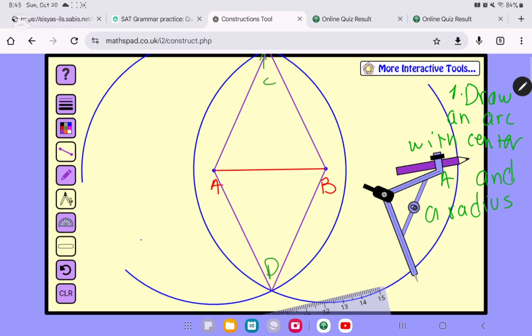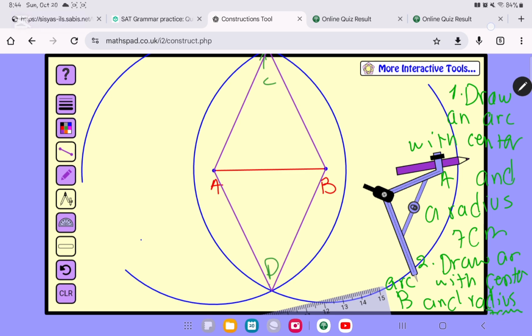They needed 7 centimeters. Part 2, we're gonna do the same but from center B. So draw an arc with center B and a radius of 7 centimeters, okay?